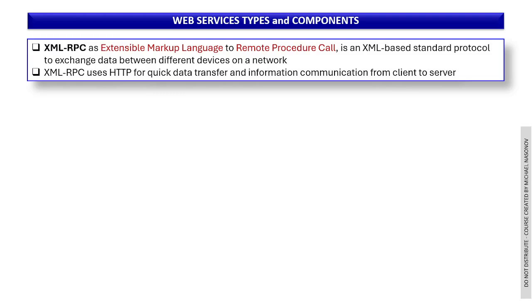XML RPC, or Extensible Markup Language Remote Procedure Call, is an XML-based standard protocol to exchange data between different devices on a network. XML RPC uses HTTP for quick data transfer and information communication from client to server.